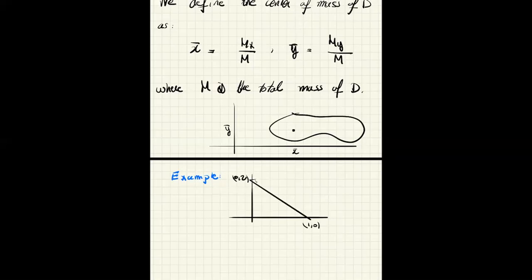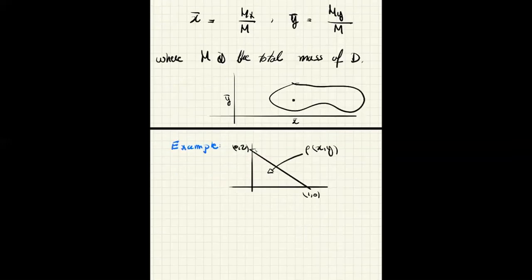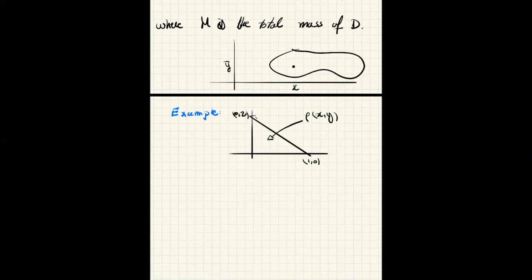For example, if you have some function rho(x, y), what will be the total mass?